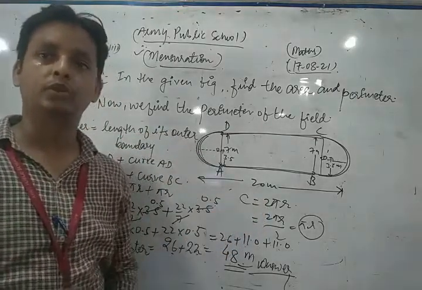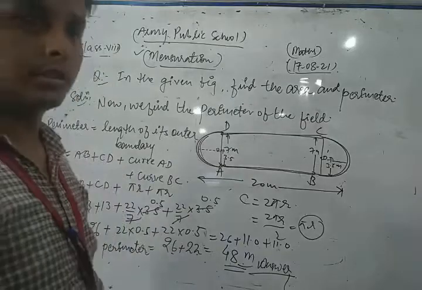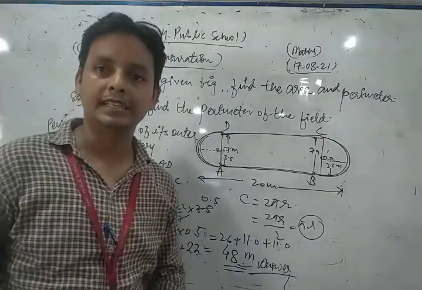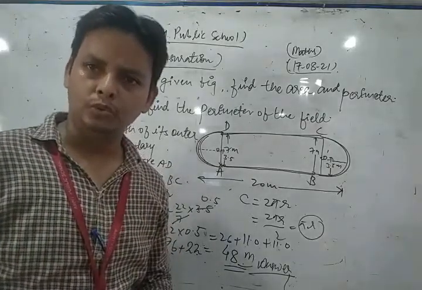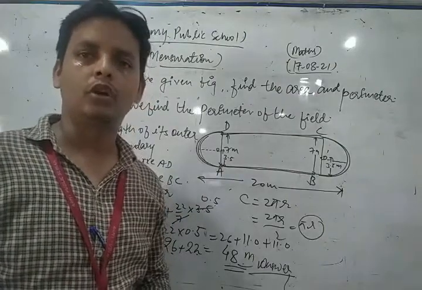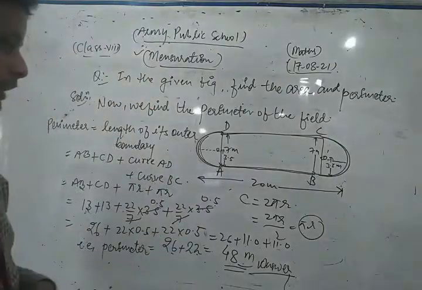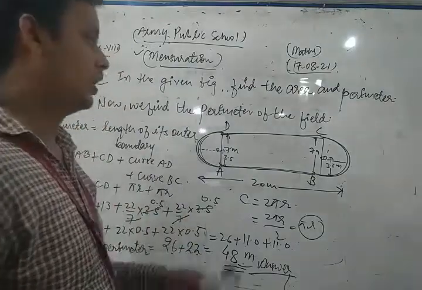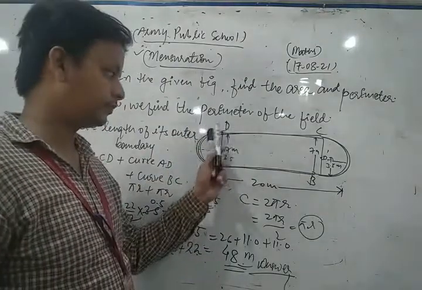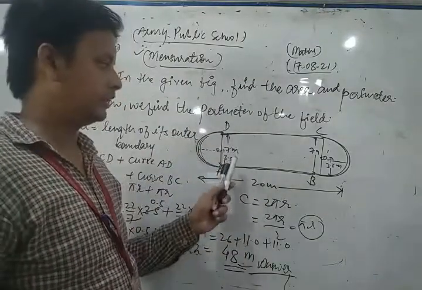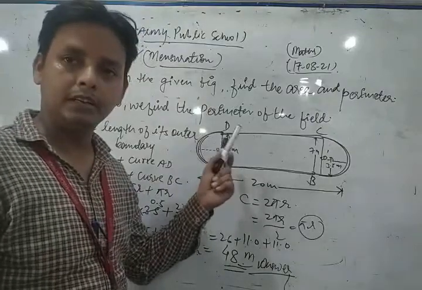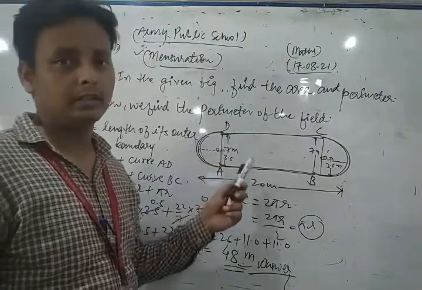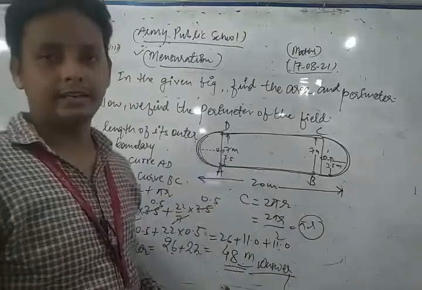Okay, this is a very important question of your syllabus. So please, dear students, do more and more practice of that type of questions. Let's see once more. Here is the question. This is the field. This is rectangular in the middle and semicircular at the ends.